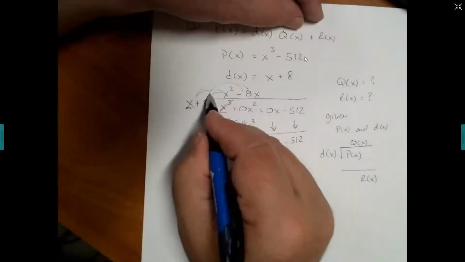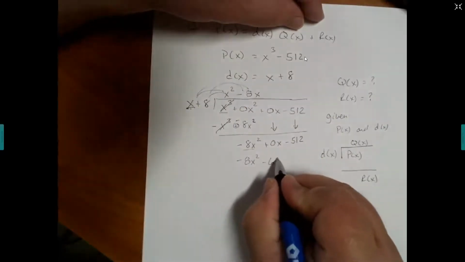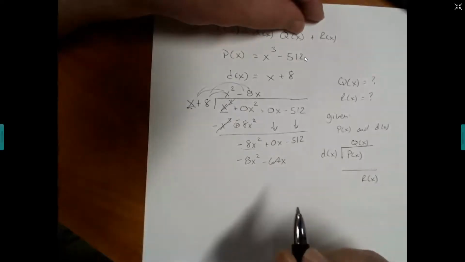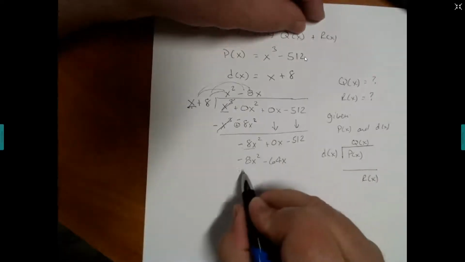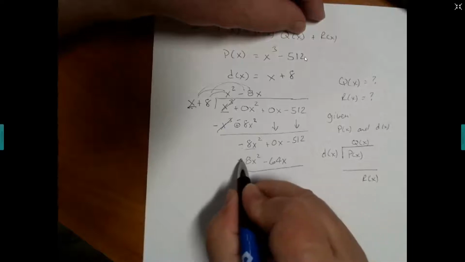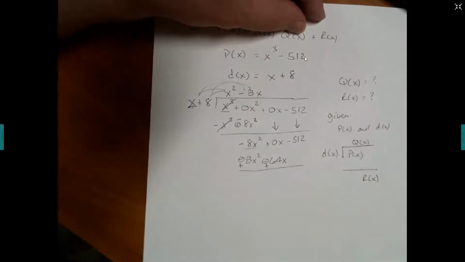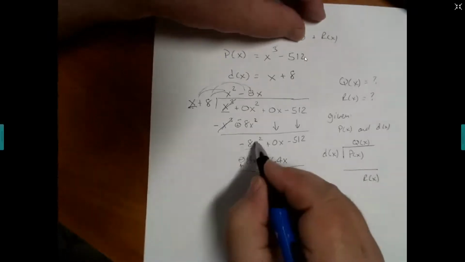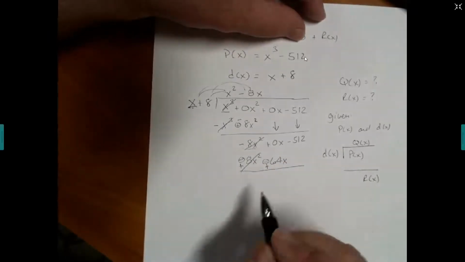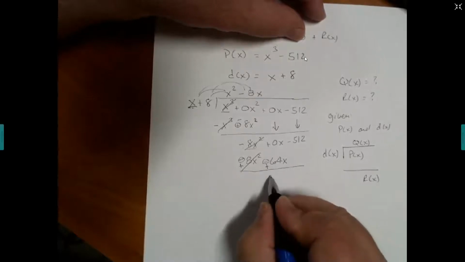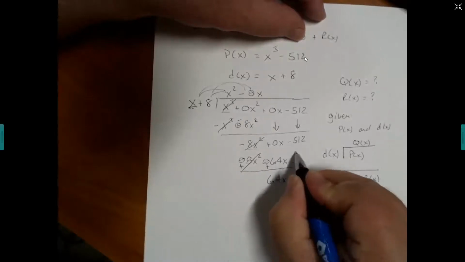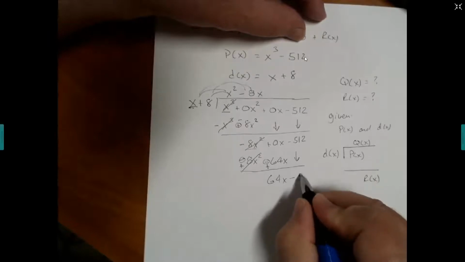Negative 8 times 8 is negative 64x. 8 times 8 is 64. Change the signs and add. The negative 8x squared cancels. 0 plus 64x is 64x. And bring down what's left.